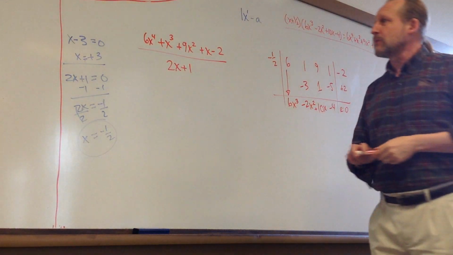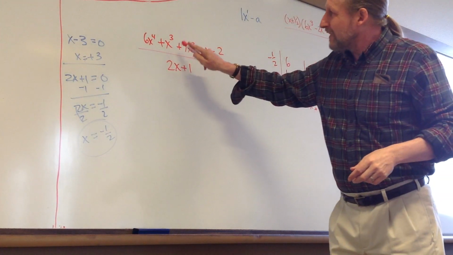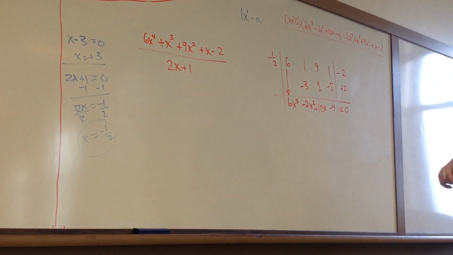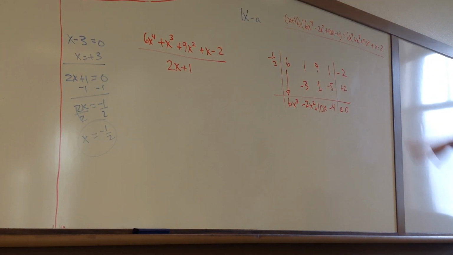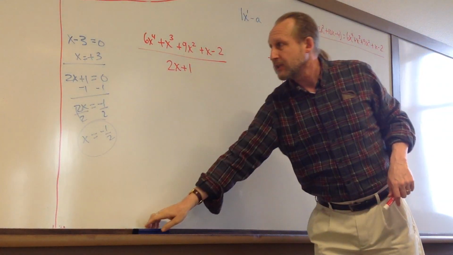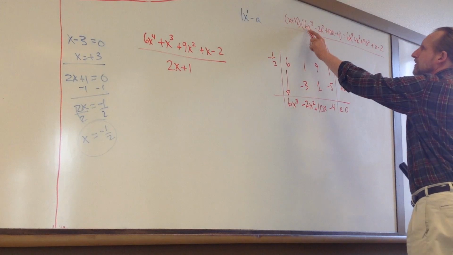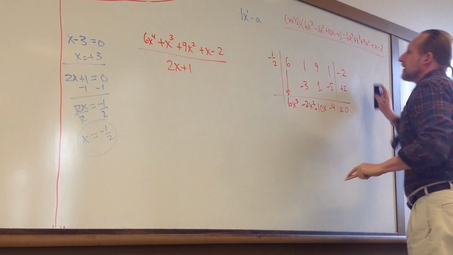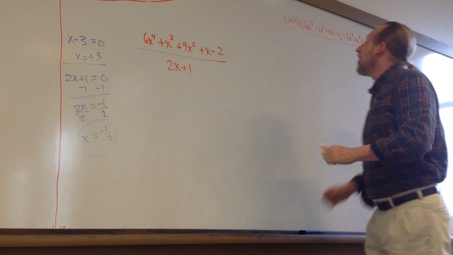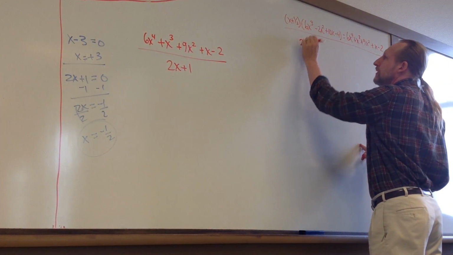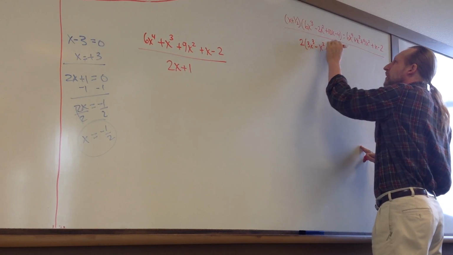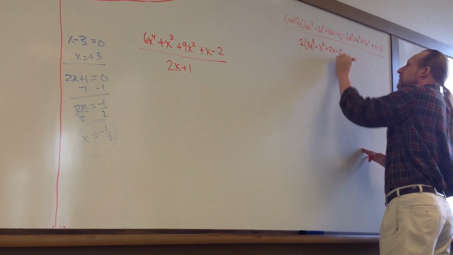Okay, but the question was asking, what is this thing divided by 2x plus 1, not x plus a half? Well, the way to transfer this into an answer to this question is to take out this common factor that I mentioned a minute ago. So, if you factor out the 2 here, then you'll have 3x cubed, 1x squared, 5x, minus 2.